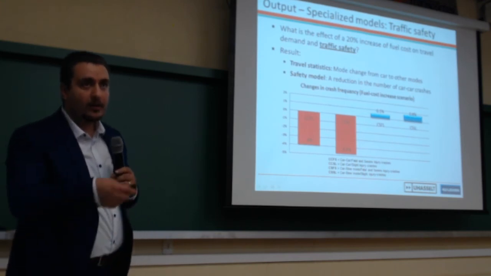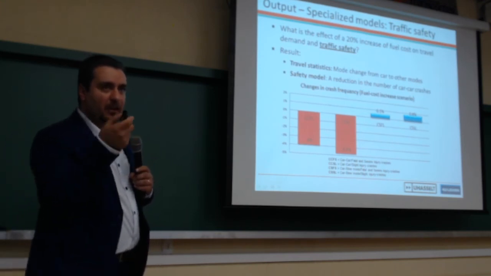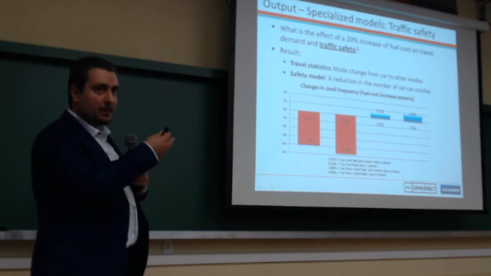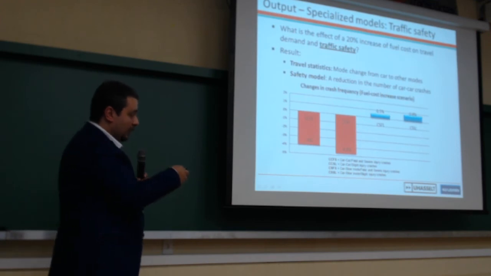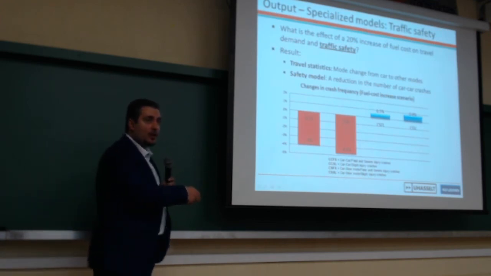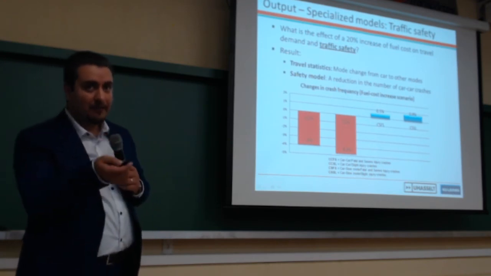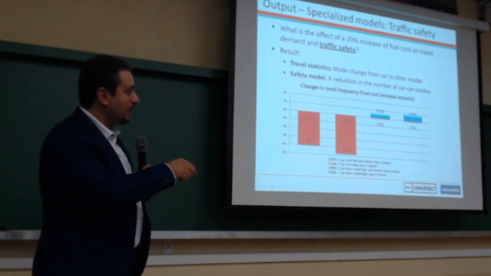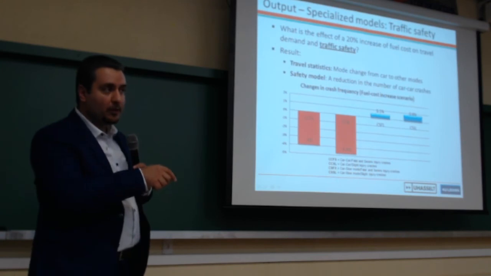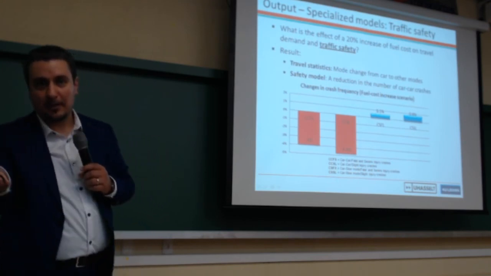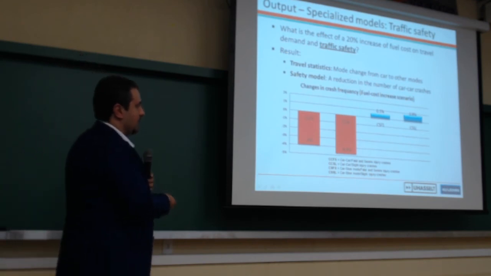So although it is more beneficial from the economical point of view, and better for people's health because there will be fewer crashes involving cars, we also have to take into account that the problem could be migrated elsewhere.